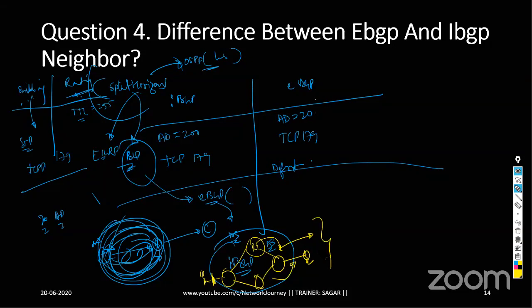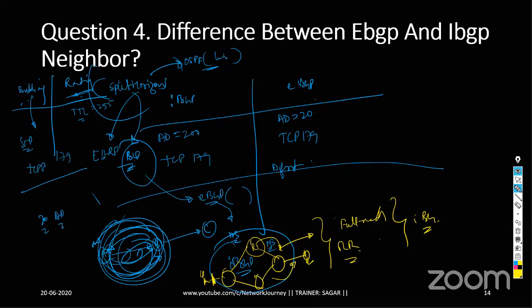So to fix that, we either go with full mesh or we go with route reflector. Okay, these are used in IBGP. And why do we use that? Because of that default behavior of IBGP.